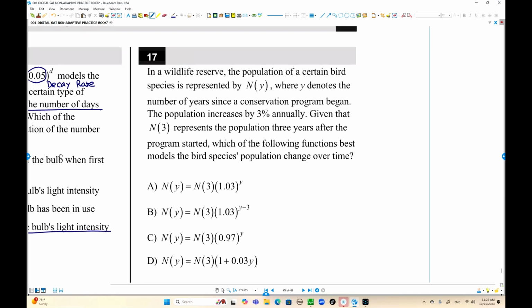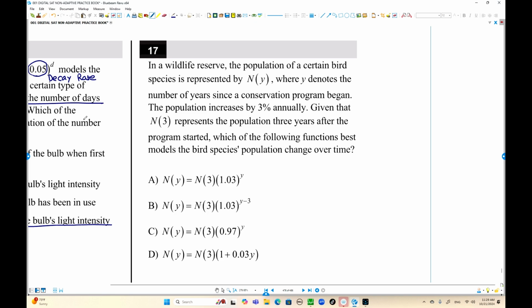So number 17, population of a certain bird species. Increases 3% annually, every year, right? Given that N3 is the initial, take this as N3 is the initial. But the actual original initial is N0, right? But we're going to start from this number, okay?